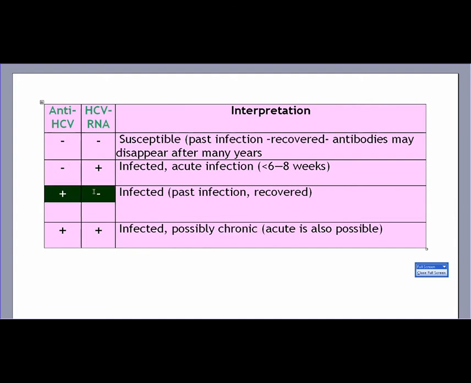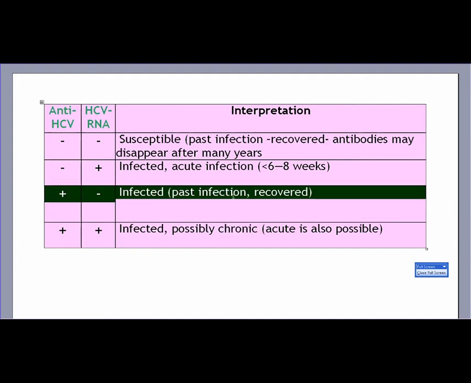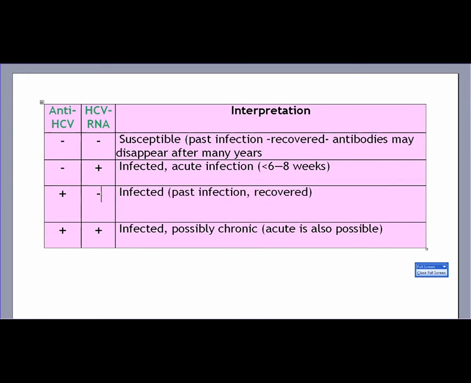About this patient, because one of the students of the other class asked me, we find the antibodies, but we don't find the RNA, okay? And we say past infection, possibly recover. However, the recovery after hepatitis C is not common, as I told you. So we have to take care with this negative value, okay? Because we need to retest later.